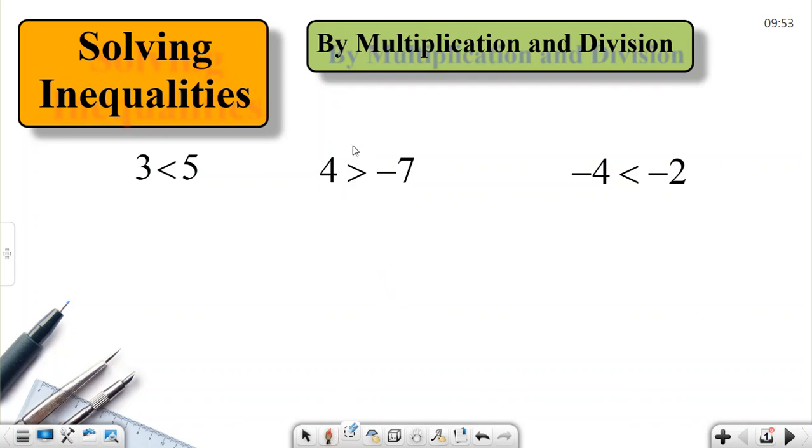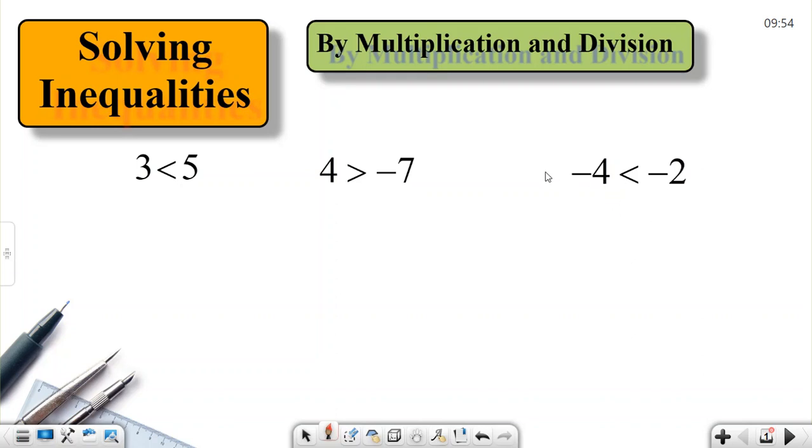Now it's greater than. When you multiply both sides by the same negative number, it will be less than. You can try lots of negative and positive numbers and see the results.